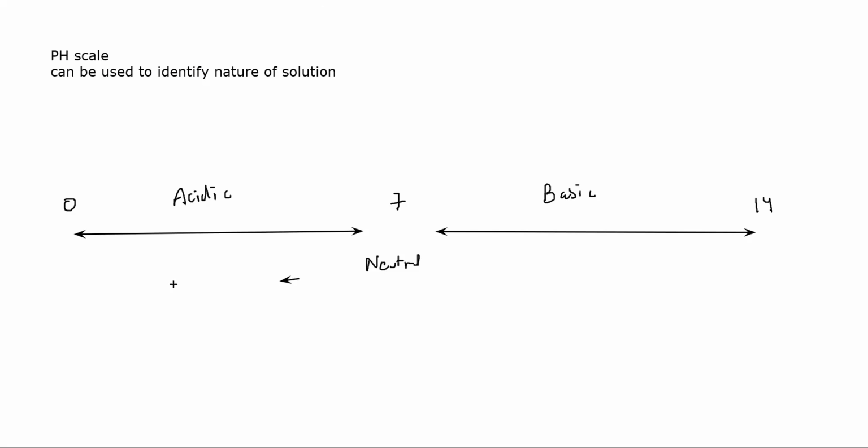If we move toward this side, what happens? The acidity will increase. It will become a more acidic or strongly acidic solution. And if we move towards the right-hand side, what will happen? It will become more basic.